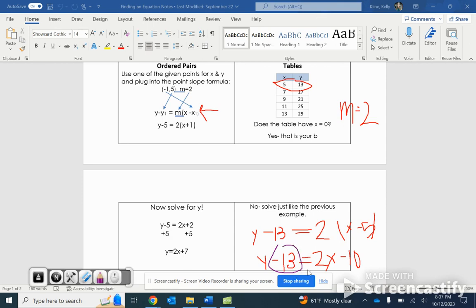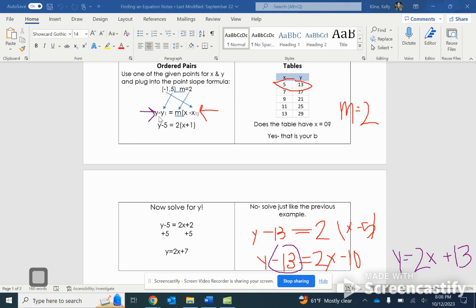So you're going to add 13 to both sides. Well, negative 10 plus a 13 is a positive 3. So it's going to be y equals a 2x plus a 3.